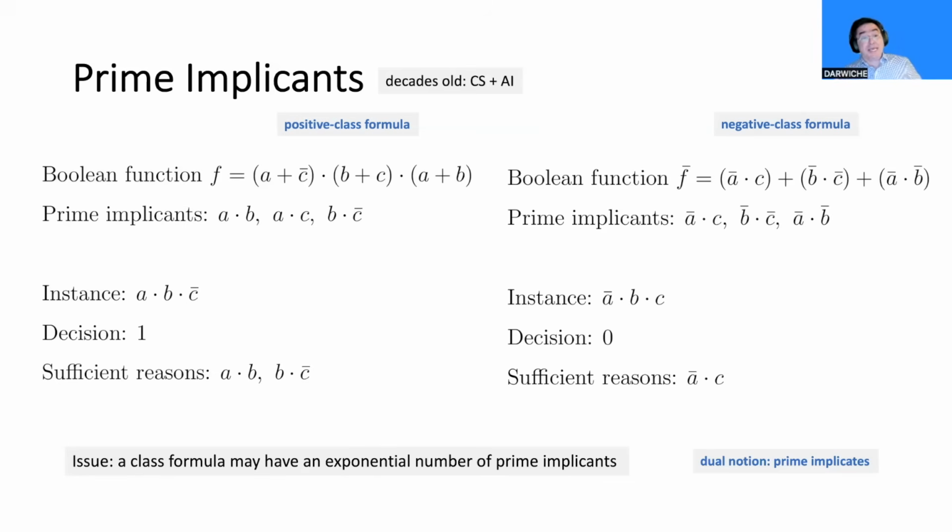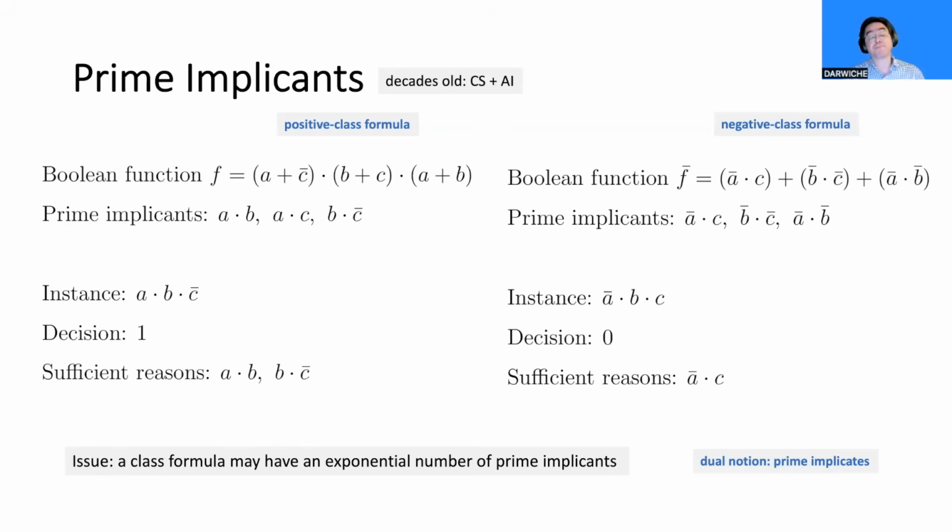But one of the main issues with prime implicants, and this is what motivated us to discover something that I'll discuss next, which was meant to address this issue, but ended up being significantly more profound and led to new contributions to symbolic logic, as you will see, is that it's known that the number of prime implicants and implicates could be exponential.